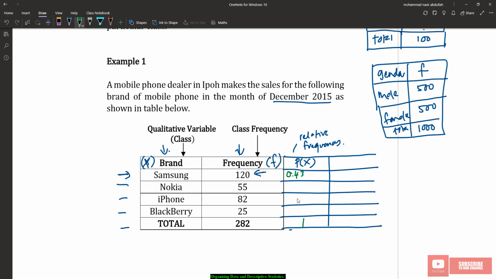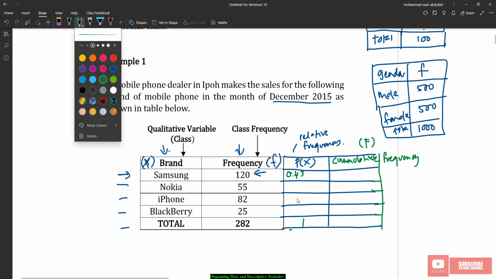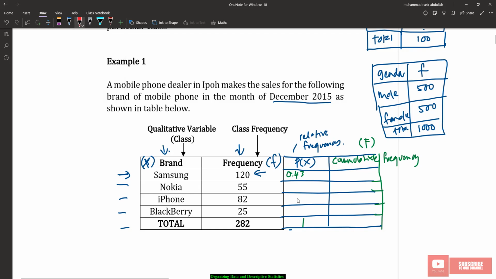And another column that is very useful when you do descriptive statistics is the cumulative frequency. Cumulative frequency, the symbol is capital F. Let's say the cumulative frequency is the total of the frequency for each row or class.